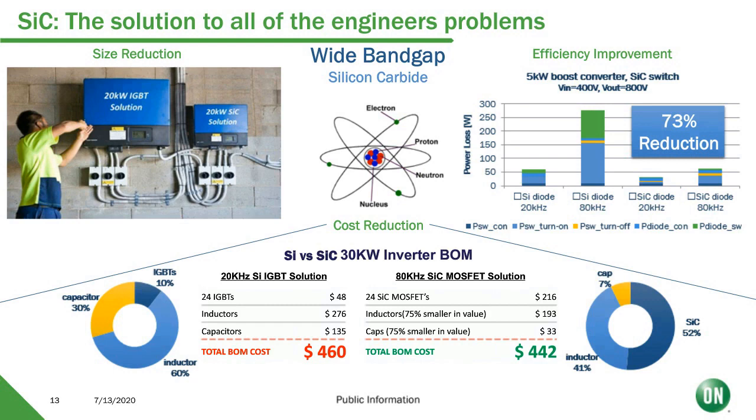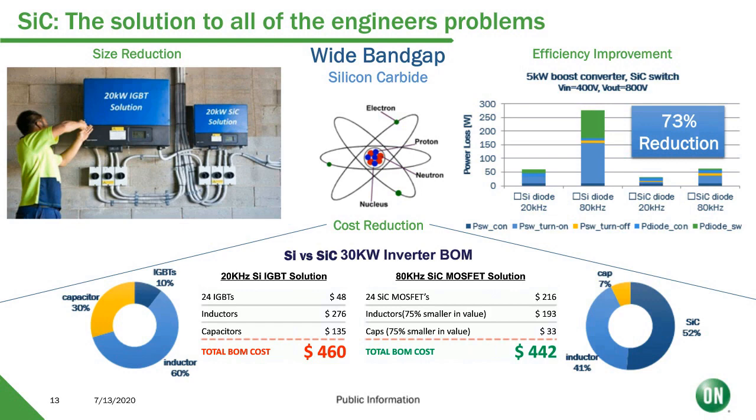And then lastly, the conversation always comes up about the cost associated with using silicon carbide devices. So it is true, silicon carbide MOSFETs are more expensive, depending on what type of technology you're comparing it to. It is a significant increase. But what it enables you to do is operate at higher switching frequencies, as I mentioned, and this will result in smaller inductors and capacitors.